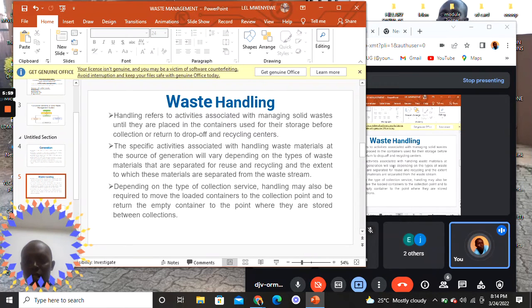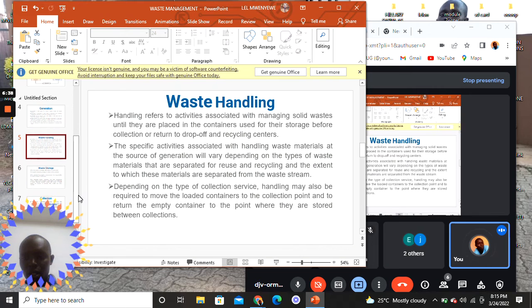The specific activities associated with handling waste material at the source of generation will vary depending on the type of waste material that is separated. Depending on the type of collection service, handling may also be required to move the loaded containers to the collection point. In general, handling of waste depends on the nature of your waste. You can decide to handle your waste differently from other wastes.